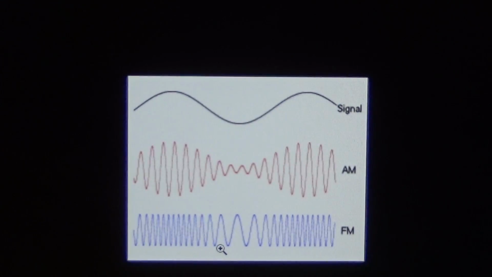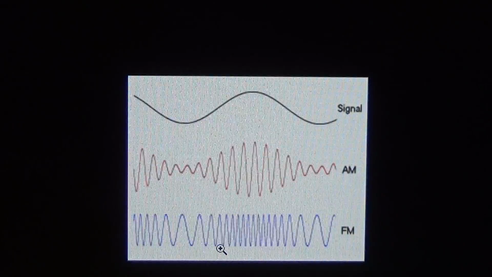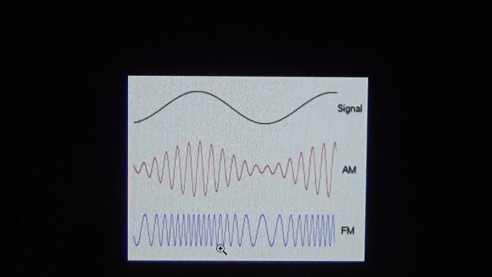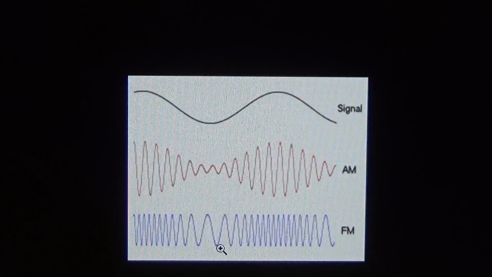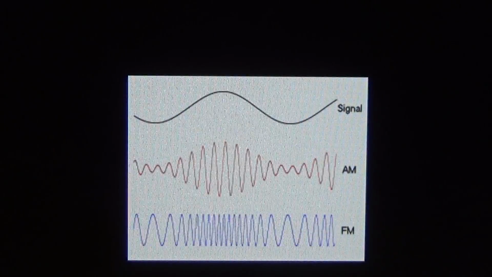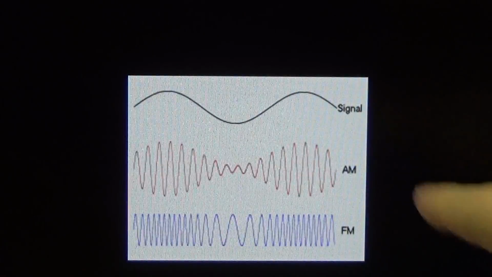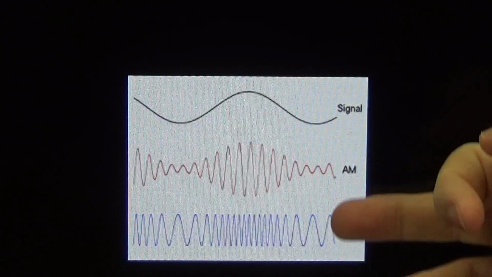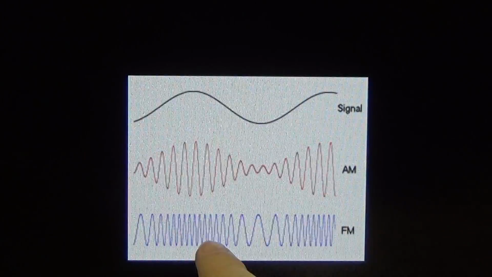And this graph may show it very clearly. So that is from Wikipedia. You can find it if you are typing in FM radio wave, and then you see this diagram here. It is basically that we have here our audio information, and then we have our two different modulation kinds, so AM and FM.